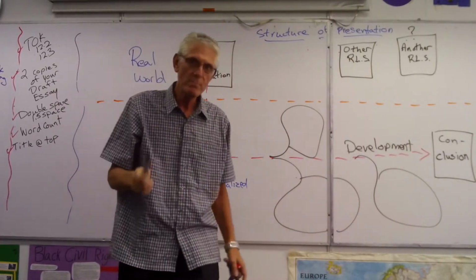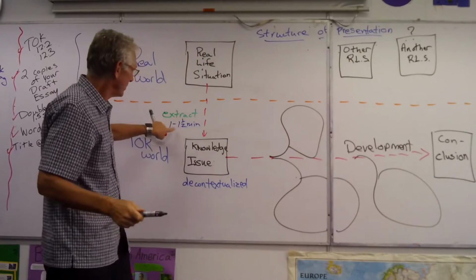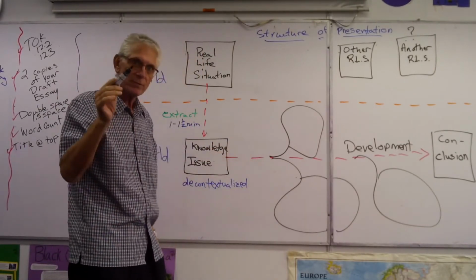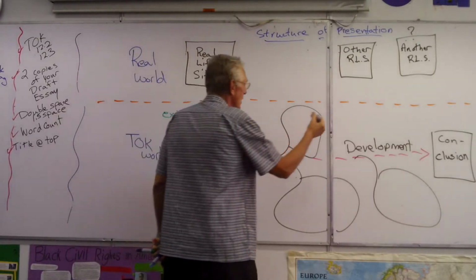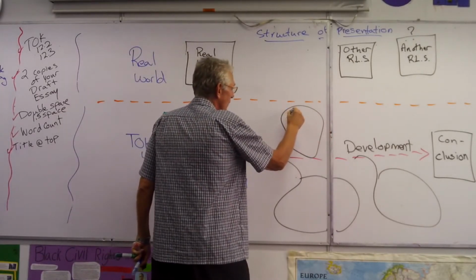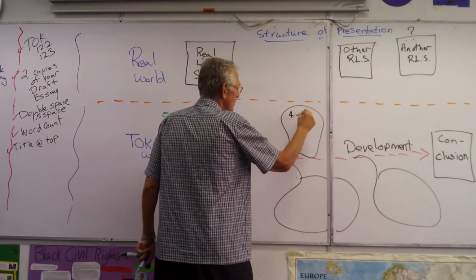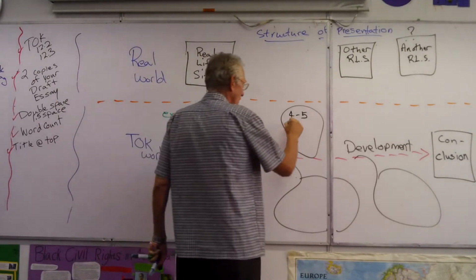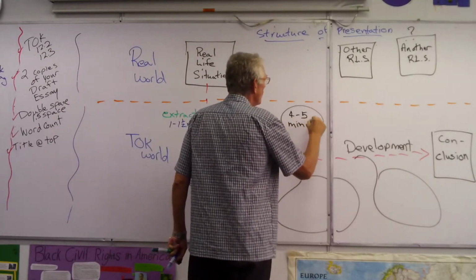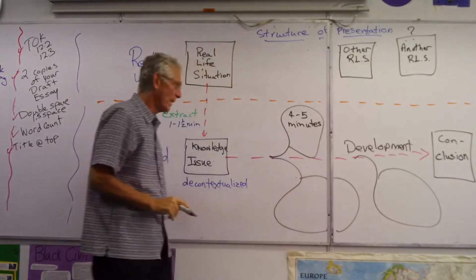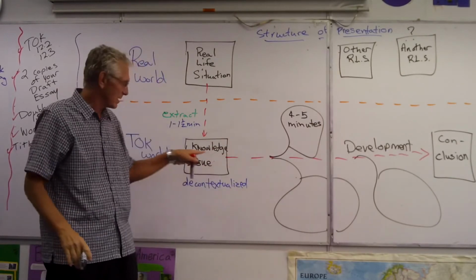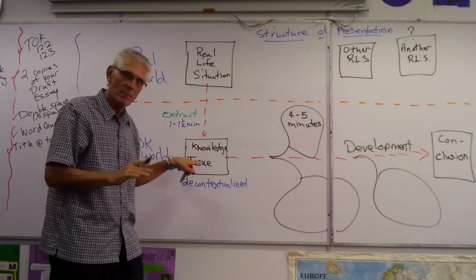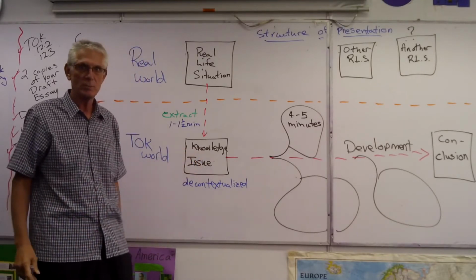If you've got 20 minutes for this, you've got about 1.5 minutes here. If you do 3 or 4 of these developments, you'd probably take 4 to 5 minutes for each one. And that keeps you on time with your presentation.